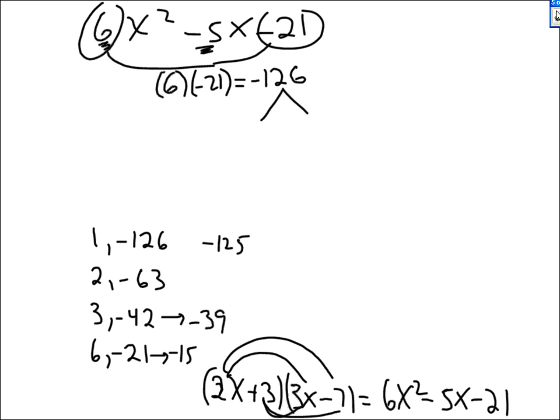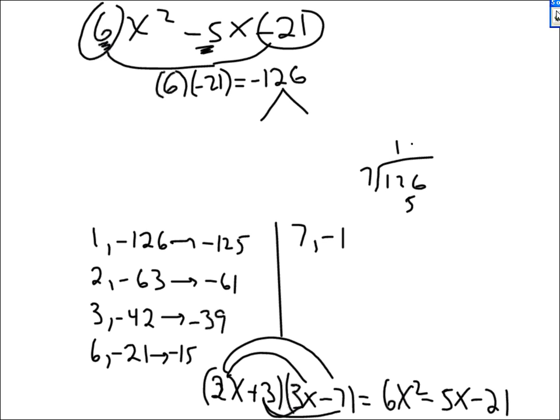Let's continue. Due to lack of space, I'll continue here. These added up to negative 61. So 7. Does 7 go into 126? Yes, it does. 7 goes in negative 7 into 126. It goes one time with 5 left over, and 7 into 56 is 8, negative 18. But unfortunately, they add up to negative 11.